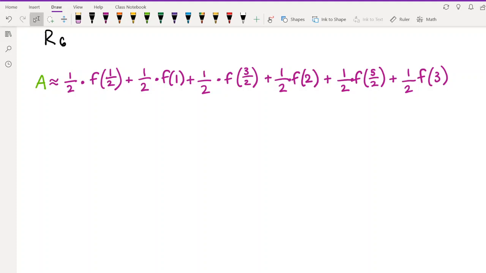But one thing I want to point out here, and this is going to be a really helpful observation in general for doing these types of problems, is that you can factor out this 1/2, right? For each of these, this is base times height, base times height, base times height. You can think of it that way. That's fine. That's really where it comes from. But a nicer way to write that would be to factor out the 1/2, and then all you have to do is add up all the different heights. It's not like a separate formula to memorize or anything.